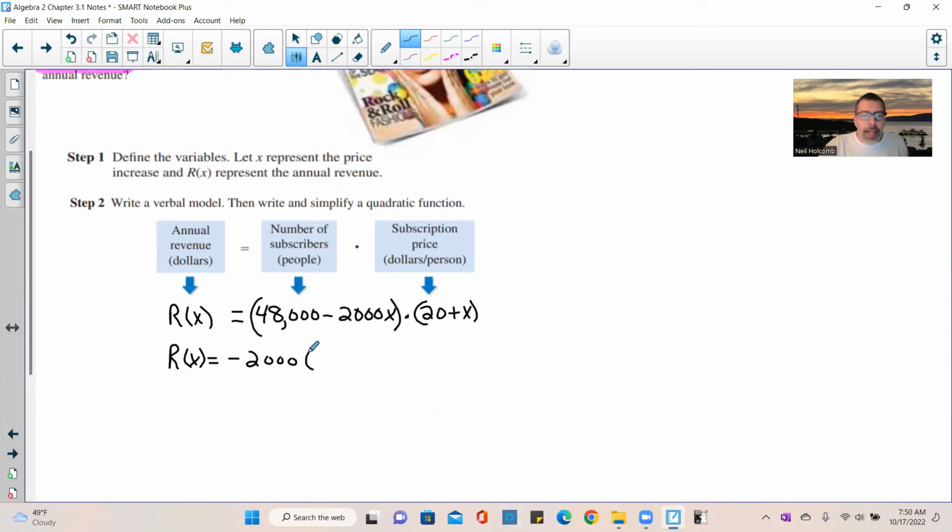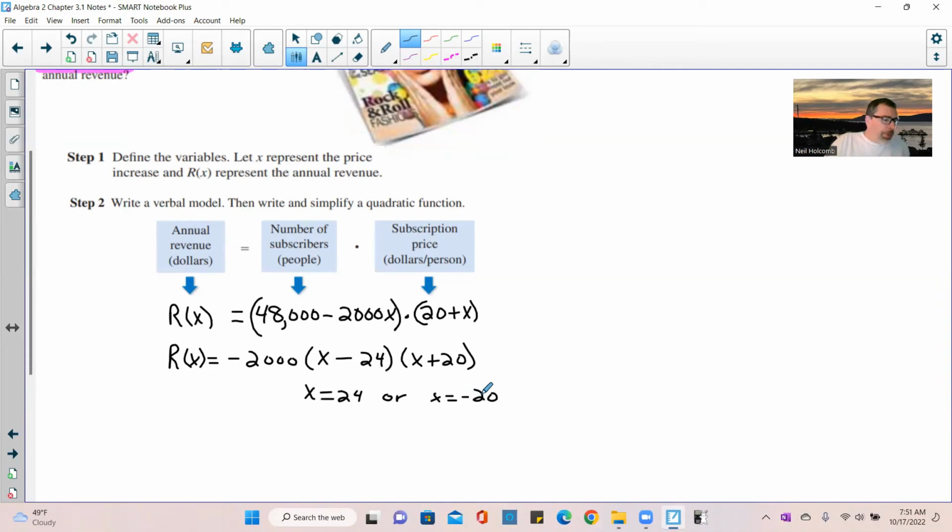So this is going to be times x, because a negative 2,000 times x is negative 2,000x, and this is going to be minus, because a negative times a negative is positive, and this is going to be 24, because 24 times 2,000 is 48,000, and that's going to be times x plus 20. I'm just putting stuff in standard form here. So there is the simplified equation, and if I use the zero product property now, then I get x equals 24 or x equals negative 20.